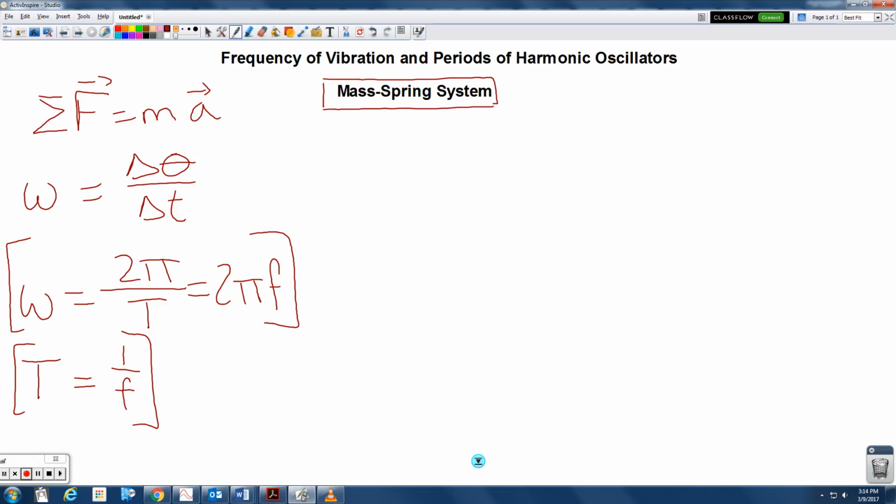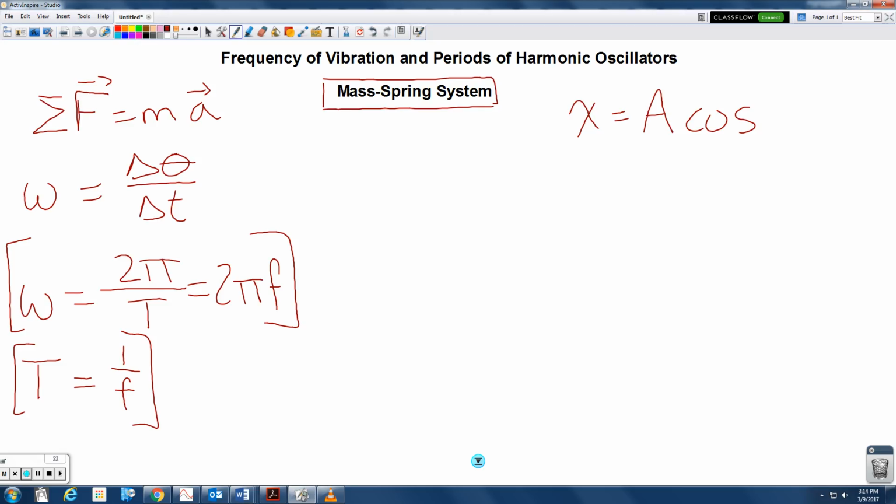We also had some new values where we could describe the position, the velocity, and the acceleration of a simple harmonic oscillator. We showed from the reference circle how we can find the position x in a simple harmonic oscillator by multiplying the amplitude A, which was representing our radius in that reference circle, times the cosine of theta, the angle which described its position on the reference circle, and that angle theta was also equal to omega t.